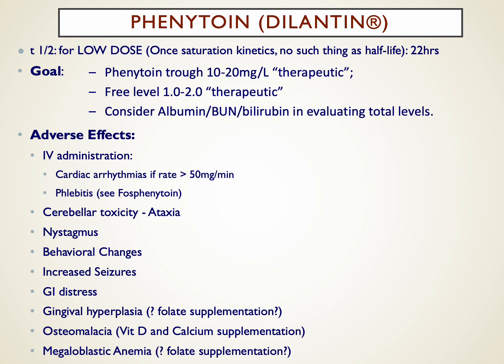There are standard levels we'll look at monitoring, either the total or the free level, and there are phenytoin correction calculators for patients with a low albumin or a high bilirubin or BUN, and I encourage you to go to a website. Any medical calculator can do that, but globalrph.com, I think, is one that many pharmacists will use that has a number of calculators on that website, and a phenytoin correction calculator is there as well.